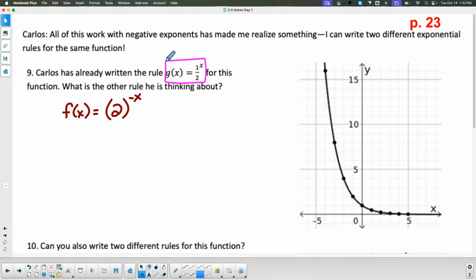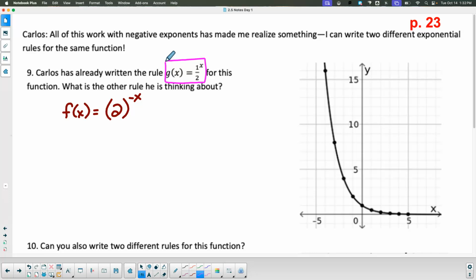Or let's use a better mathematical term than flipped. I reciprocated the fraction. So I reciprocated the fraction, which then, what did I have to do consequently to my exponent? I had to make it negative. I got to go opposite with that.